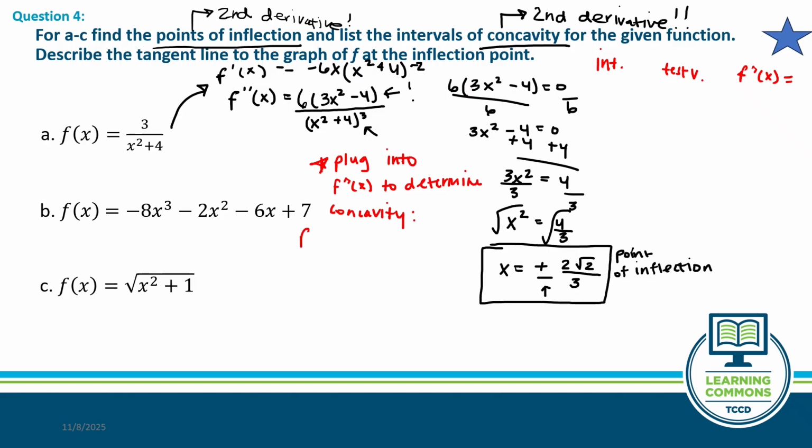So whenever it's greater than 0, you're concave up.